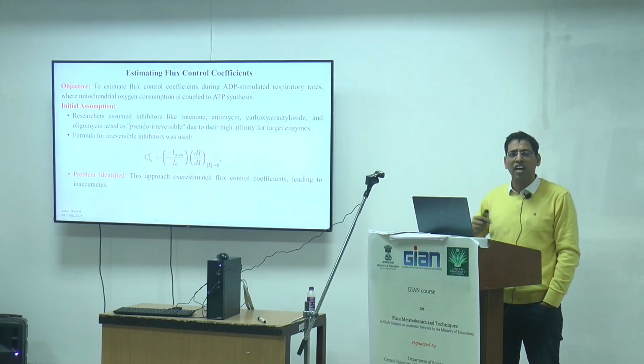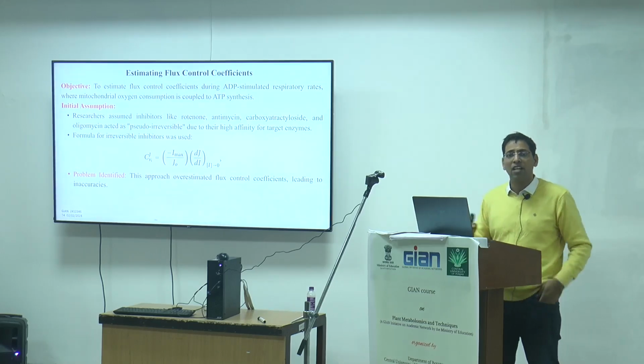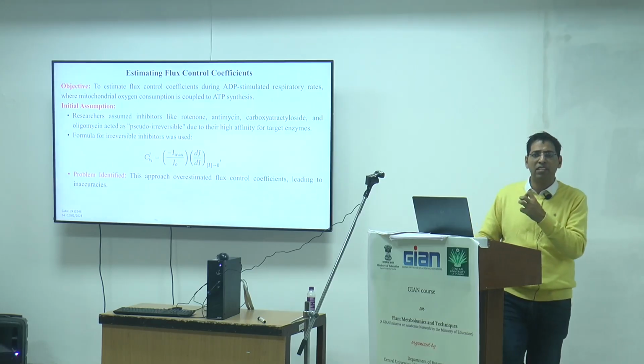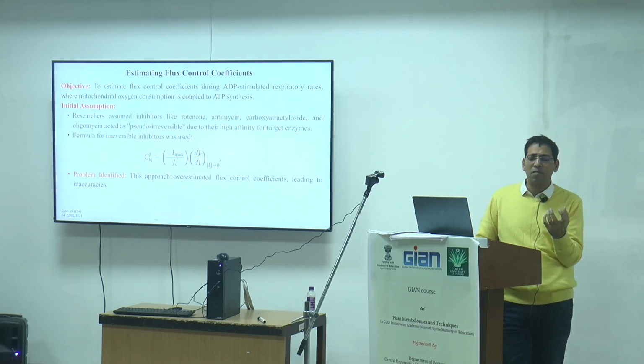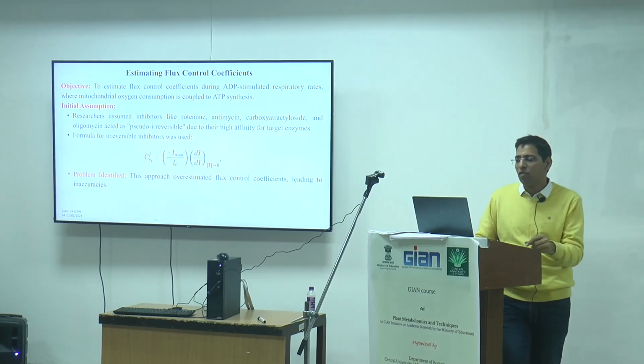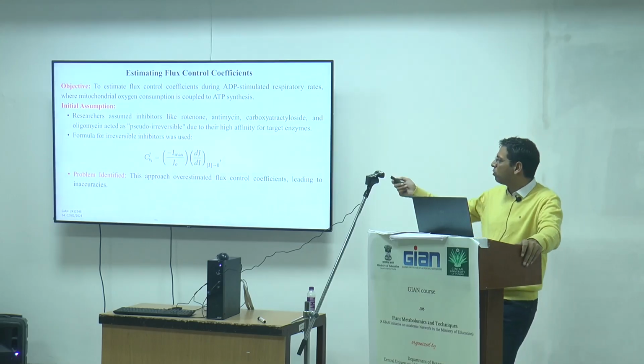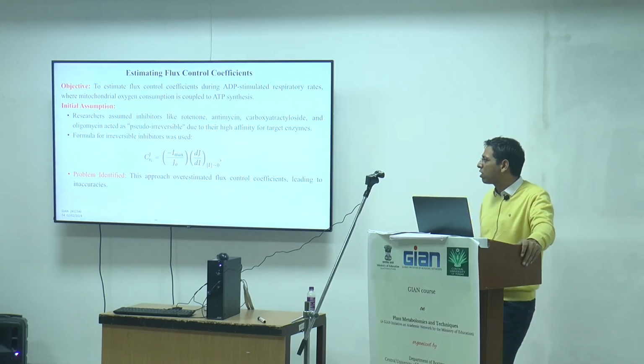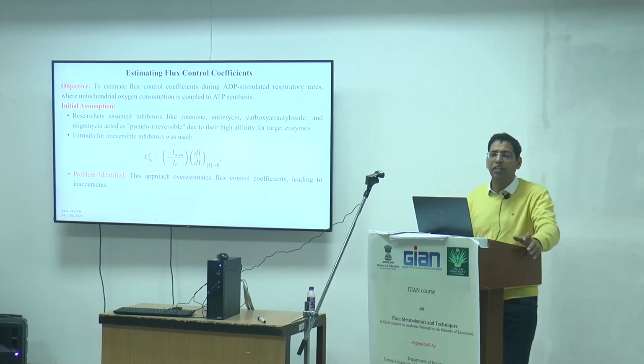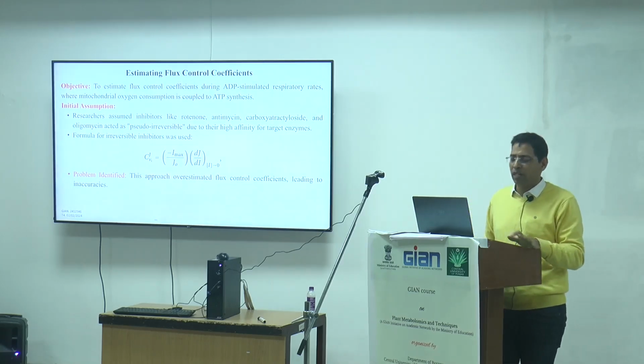Some inhibitors are the common ones, some are irreversible inhibitors. Finally you have to calculate this particular flux control analysis by doing this. And sometimes it is also our estimation. If you overestimate your flux control coefficient, it leads to inaccuracy in your biosynthetic pathway also.